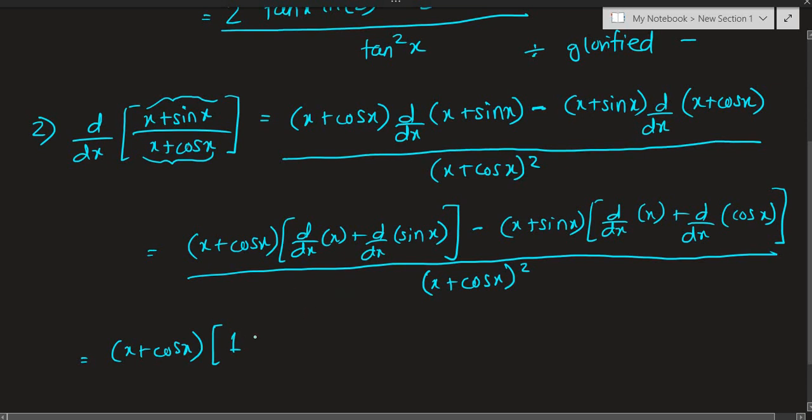Sine of x differentiated with respect to x gives us cosine of x. And we have a negative sign. And we have x plus sine of x as it is. Derivative of x is 1. Derivative of cosine of x is negative sine of x.